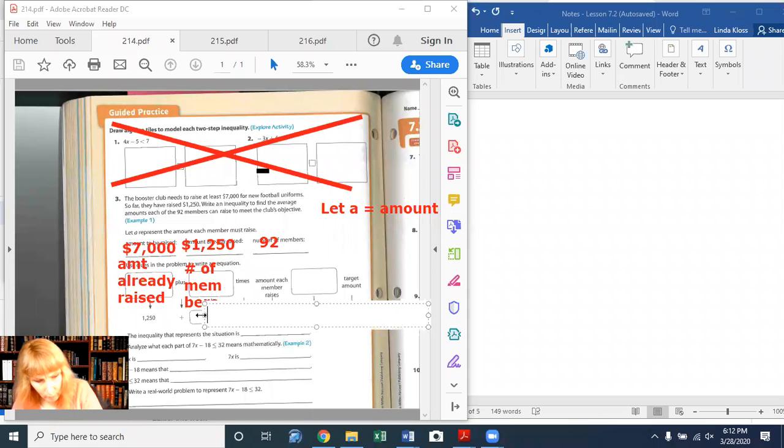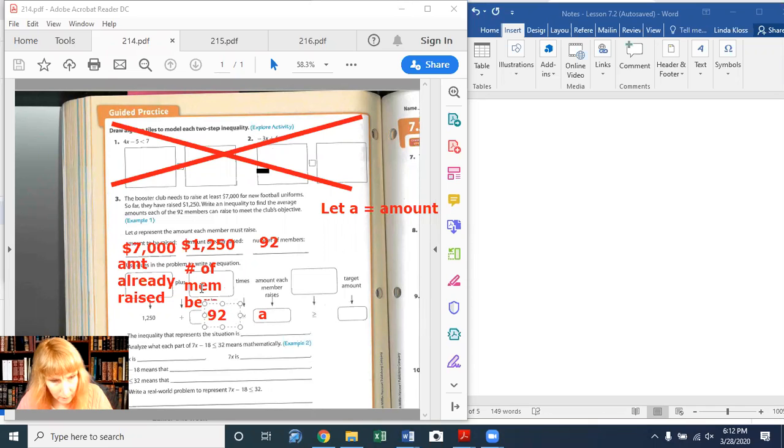So 92 members times the amount each member must raise plus the amount that they have already made, which is right there. They made $1,250 plus 92 members times the amount that they each are going to raise.